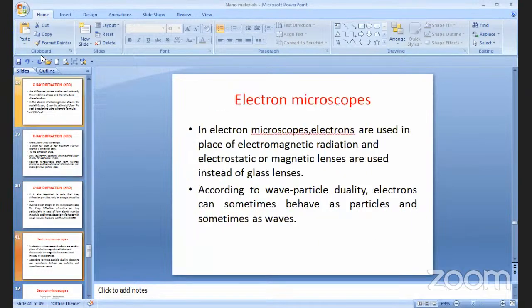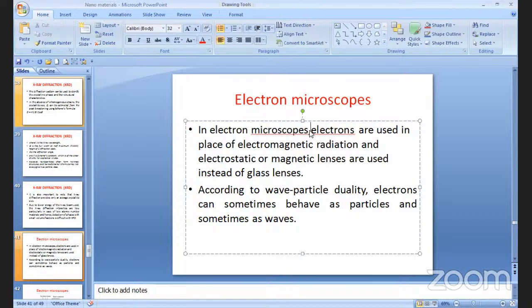Next we'll move to the electron microscope. What actually is an electron microscope, and what are we going to get under it? We'll study that here.